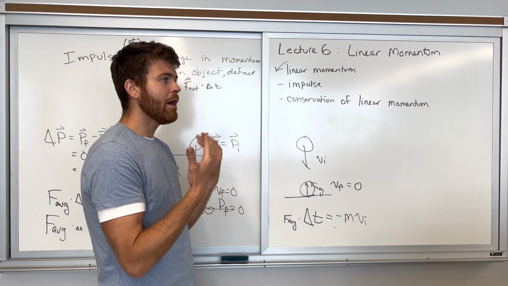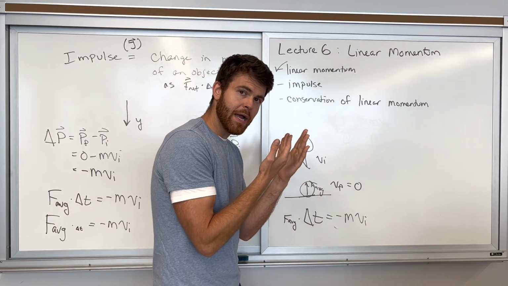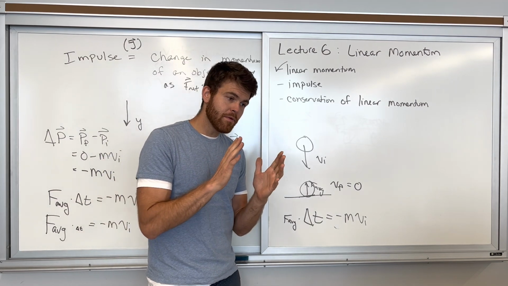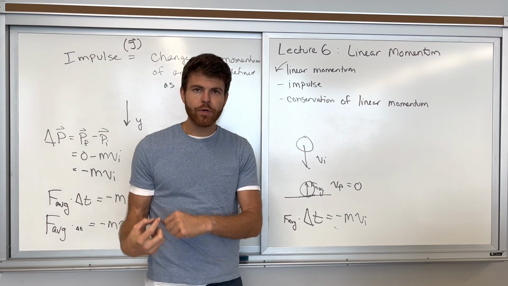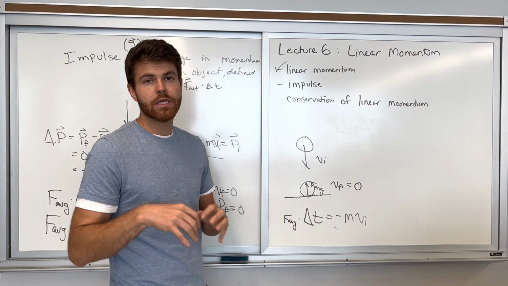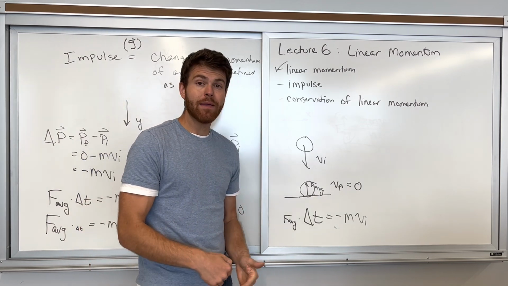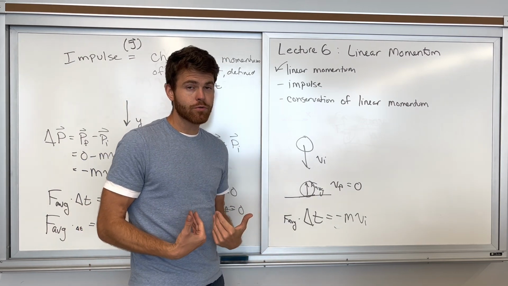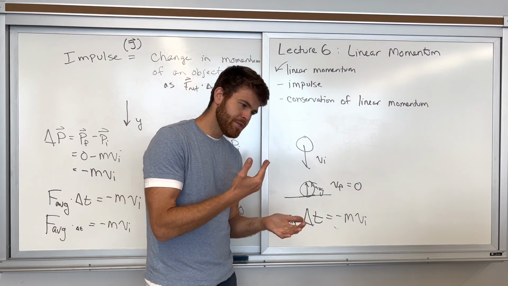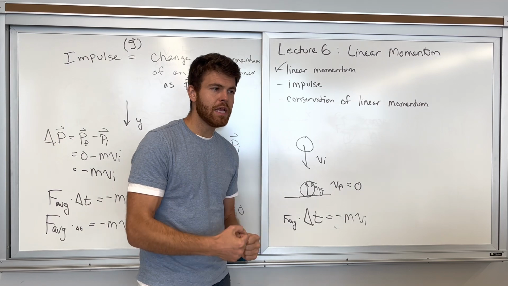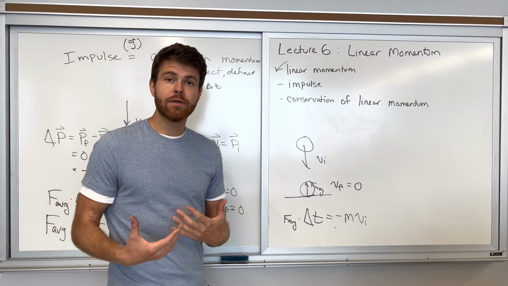So the airbag is in contact with you, pushing against you for a longer period of time, allowing your momentum to change over a longer period of time, reducing the force required to generate the requisite impulse. Reducing the force is the name of the game, because the larger the force, the greater the trauma. And so if you can increase the time in which the body comes to a rest, you decrease the force. And that's exactly what an airbag does.